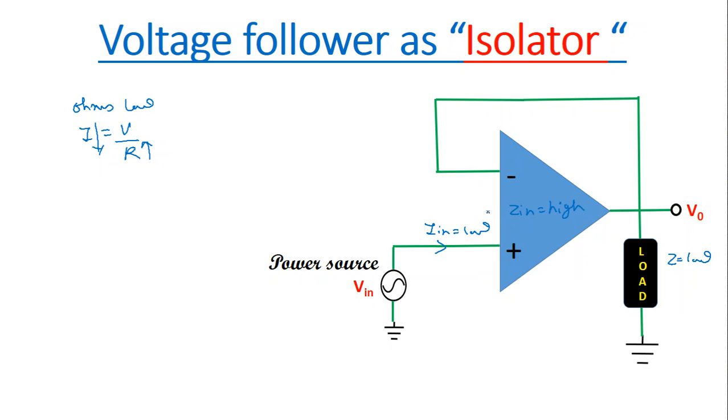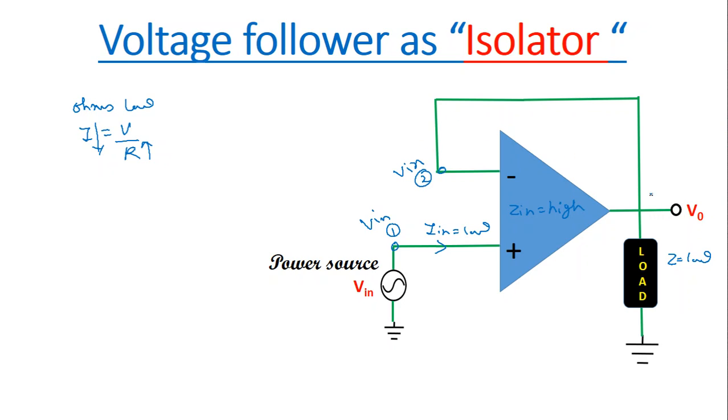Let us take this as node number 1 and this as node number 2. In the operational amplifier, by virtual short circuit, the voltage at node number 1 will be equal to the voltage at node number 2. Here the voltage is Vin, so at node number 2 also the voltage is Vin only.